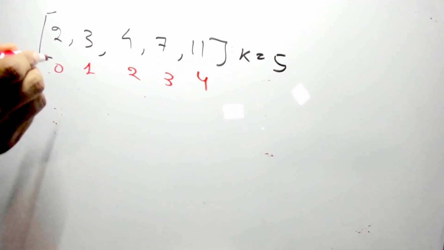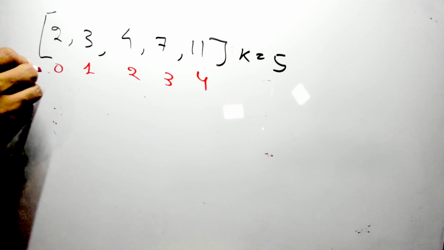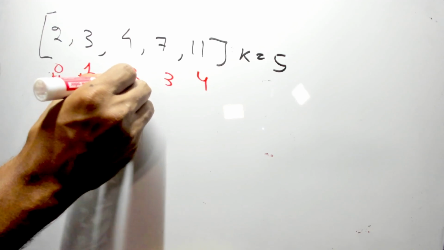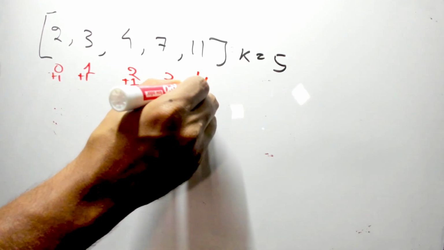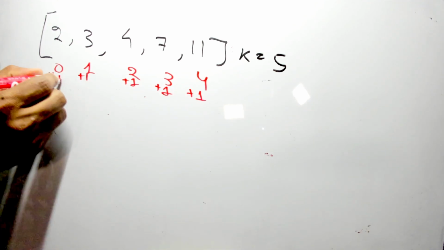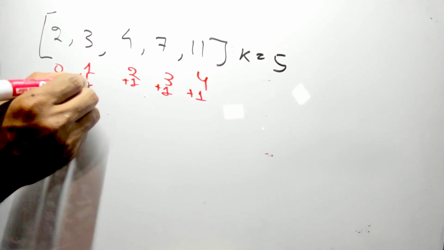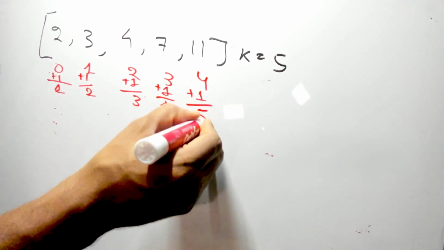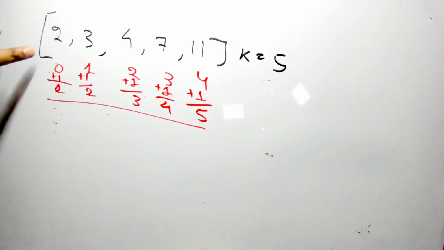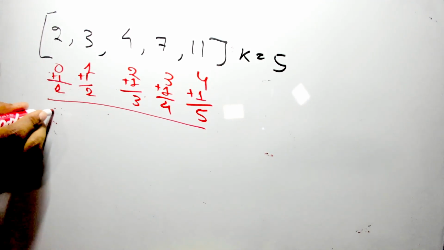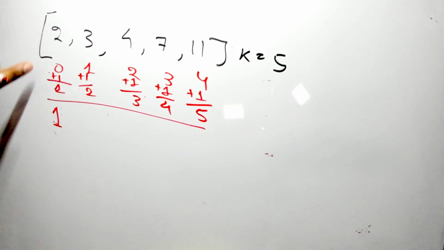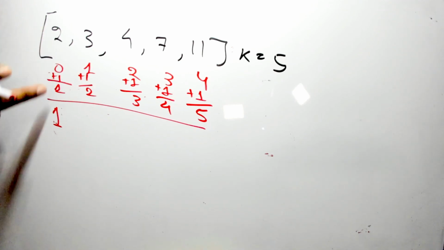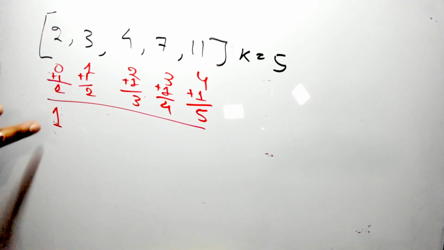Since we have to start from 1, we add 1 to each, giving 1, 2, 3, 4, and 5. So what will be the missing count here? 2 minus 1. Missing is 1, because 1 is not there. It expects 1 to be present at the first index, but it's not there.